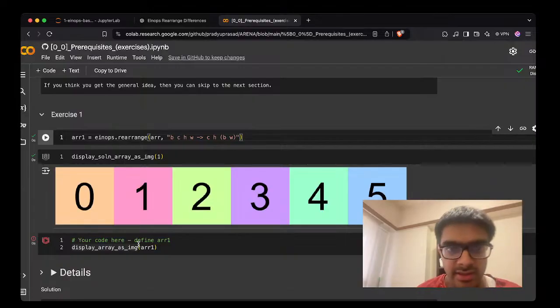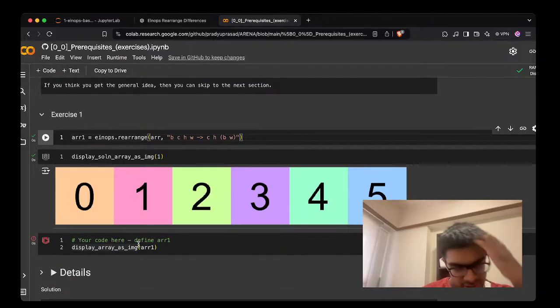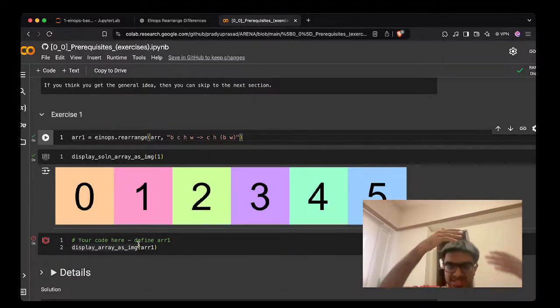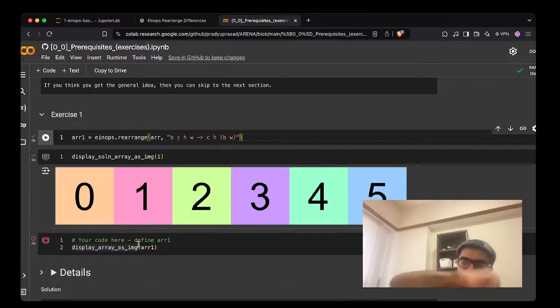It is failing. But I do not get the general idea, so I have to continue. So let's try and think of a general idea. We have 6 images batched over here, right? The color channels are like 3, I assume. Let's go back a moment and do arr.shape.